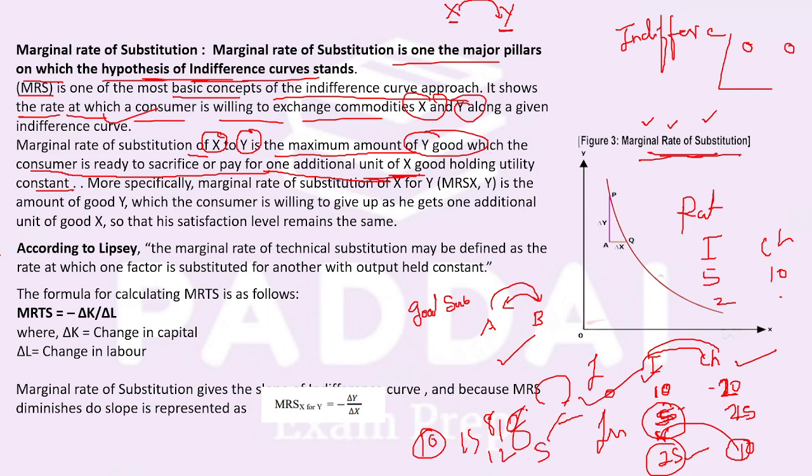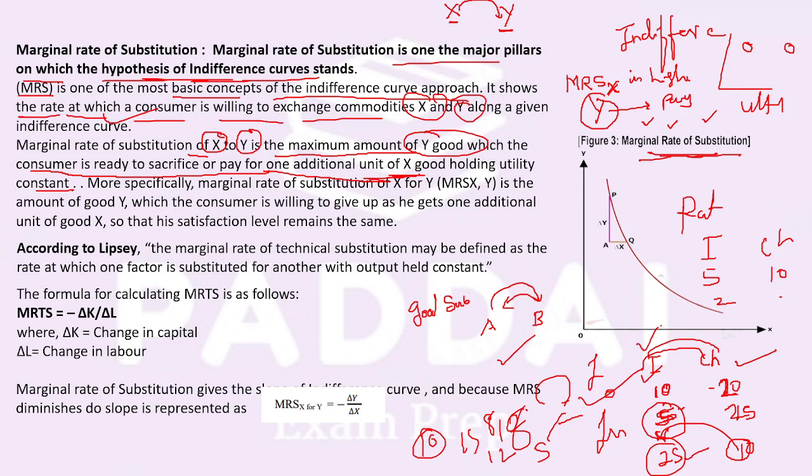Now, when is the marginal rate of substitution for X highest? It is when a consumer is ready to replace Y good and pay additional money for X, keeping utility constant.